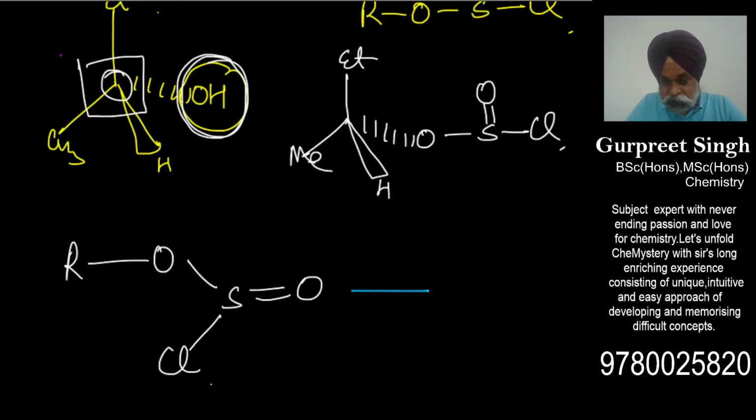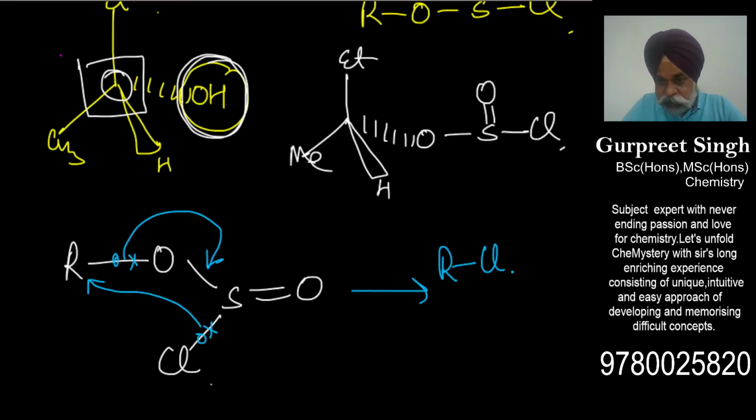Now this part is going to attack this carbon, and this bond comes here, these two electrons come here. As a process, you get RCl along with the evolution of SO2 gas. SO2 gone out.